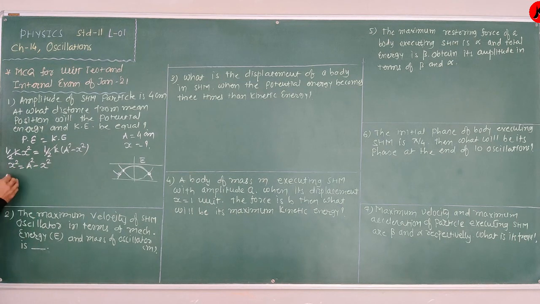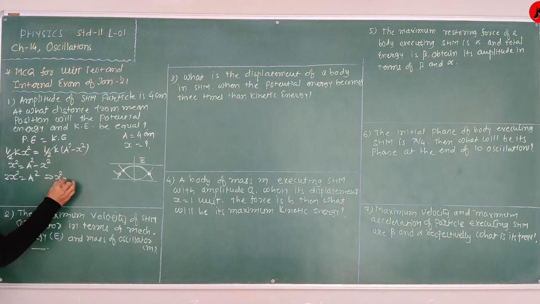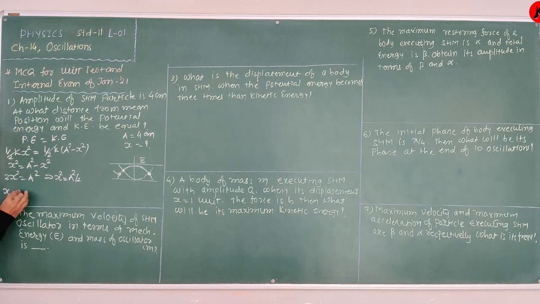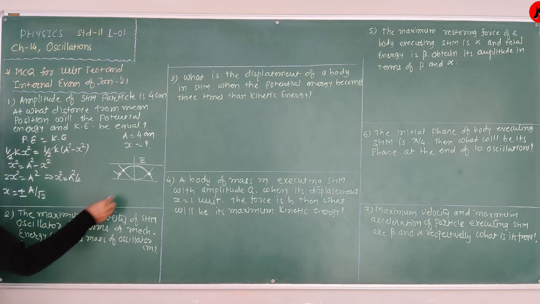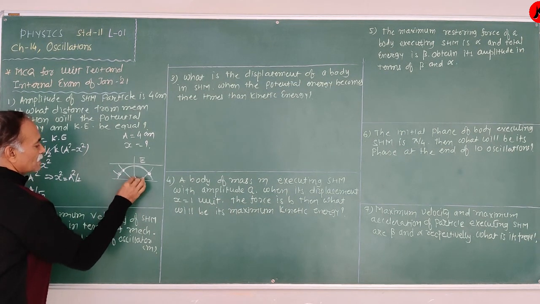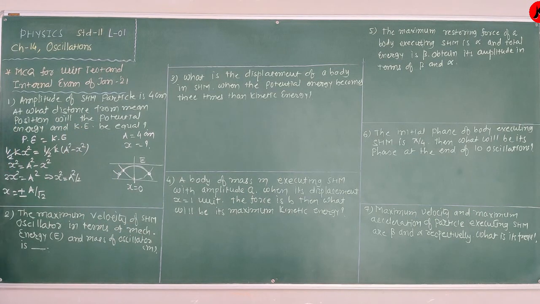Take this x square to this side, therefore 2x square is equal to A square. Therefore x square is equal to A square by 2. Therefore, x is equal to plus or minus A upon root 2 distance from the mean position.